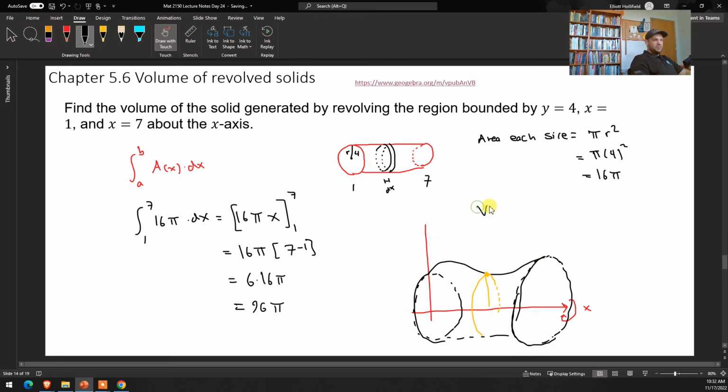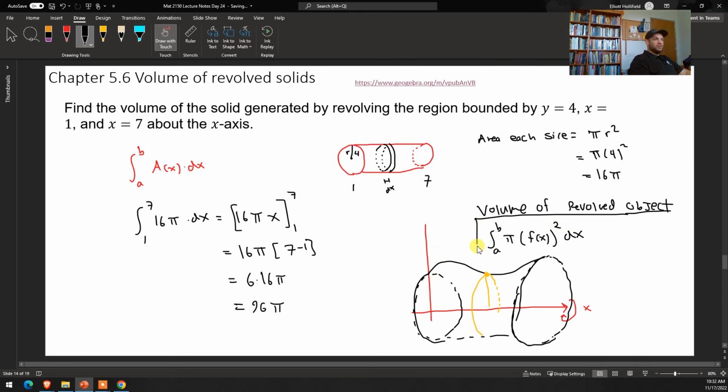So in general, our volume of a revolved object when we revolve around the x-axis will be given by the integral from the lower bound to the upper bound of pi times our function squared, the radius squared, and then integrated with respect to x.